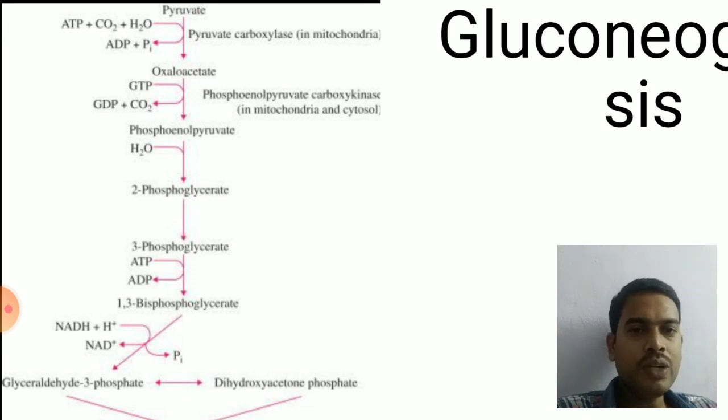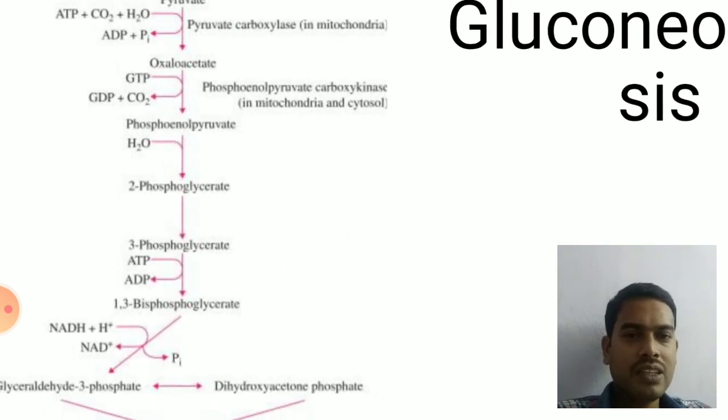So these are the two important steps that will initiate the process of gluconeogenesis. This process will occur both in mitochondria and cytosol. The important enzymes are pyruvate carboxylase, which will convert pyruvate to oxaloacetate, and phosphoenolpyruvate carboxykinase, which will convert oxaloacetate to phosphoenolpyruvate. And the remaining steps are the same as glycolysis.